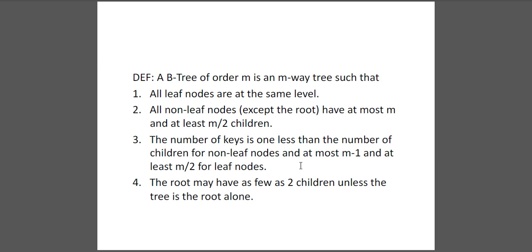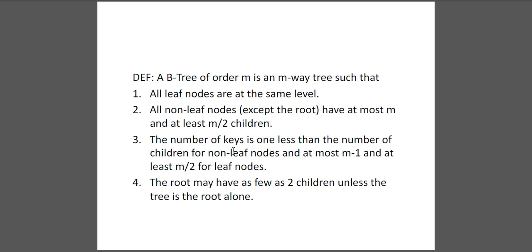For the non-leaf nodes, at most m minus 1 keys, and at least m by 2 for the leaf nodes. So at least m by 2 for the leaf nodes, and for the non-leaf nodes the number of keys can be m minus 1. In the second point we discussed the number of children.